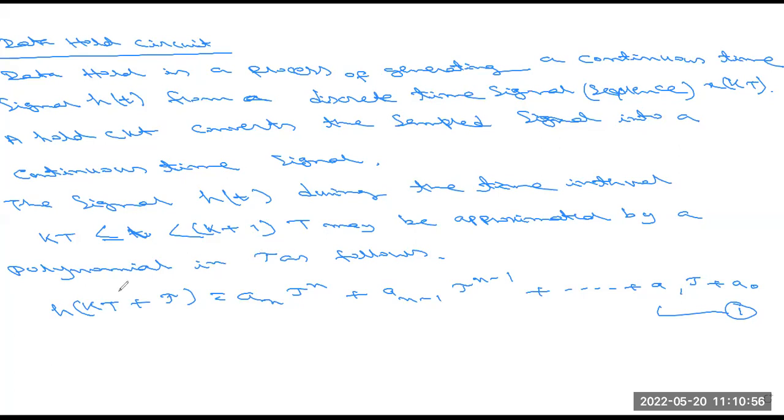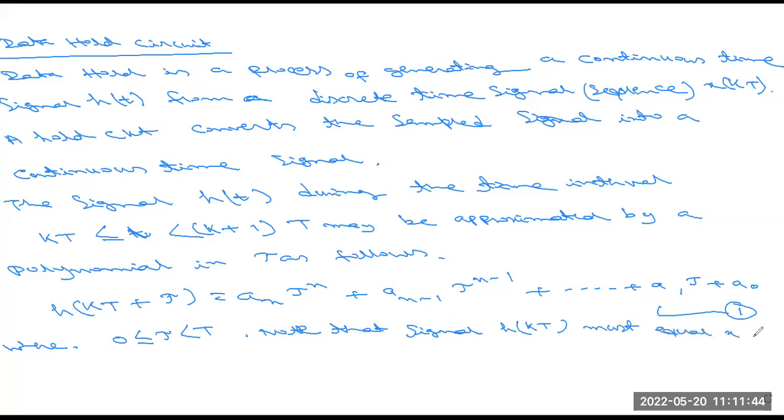It is expressed as h(kT + tau) = a_n tau^n + a_(n-1) tau^(n-1) + ... with the last term a_0, where 0 less than or equal to tau less than T. Note that the signal h(kT) must equal x(kT). That means h(kT) is equal to x(kT).